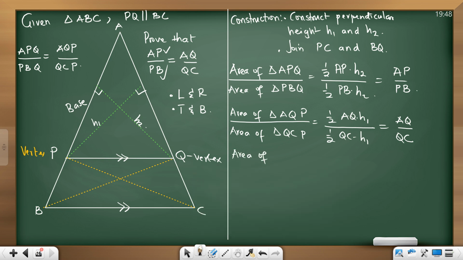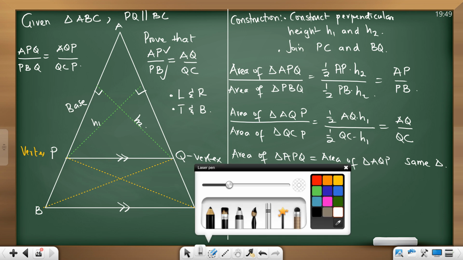Area of triangle, the top, APQ is the same as what? The area of triangle AQP. It is the same triangle. Can we look at the bottom? Okay, let's look at the bottom. What are we looking at? Again, follow my highlighting.